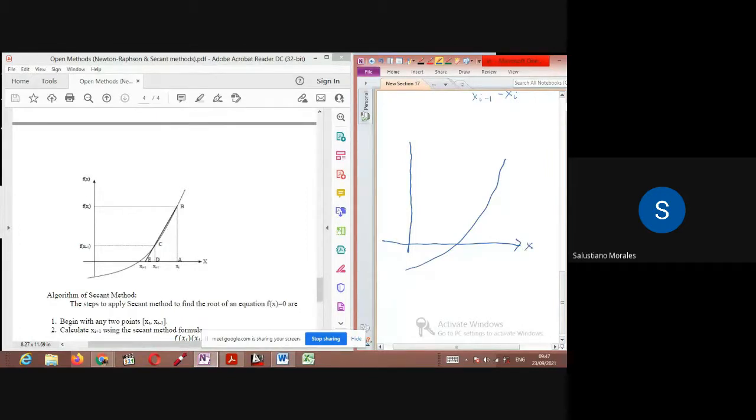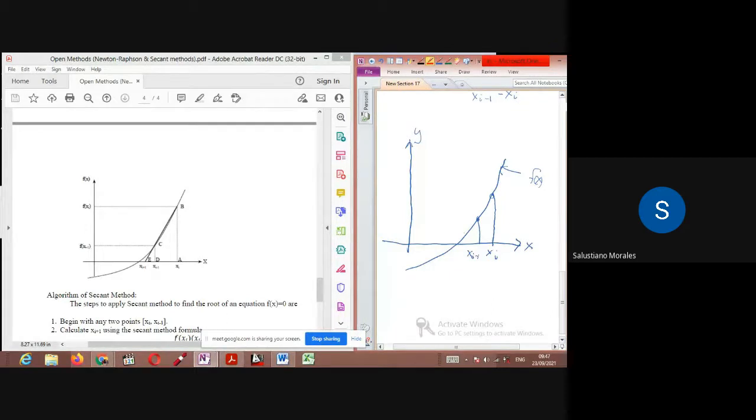So we have still the x-axis, y-axis, the curve of the function. And so we consider two initial values of x. So maybe xi, and meron tayong xi minus 1. So meron tayong dalawang points dito.